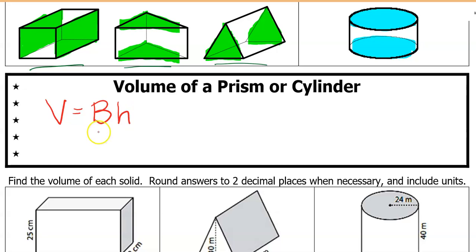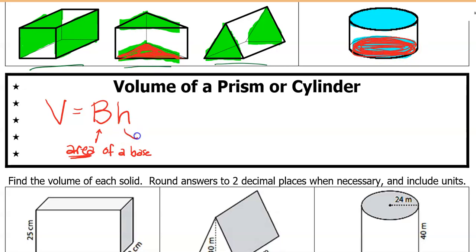The capital B is to say it's not just the base like you have on a triangle or something. The capital B is to remind you that it's the area of one of the two bases. So like for this triangular prism up above, you might find the area of that triangle. For a cylinder, you would find the area of one of these circles.